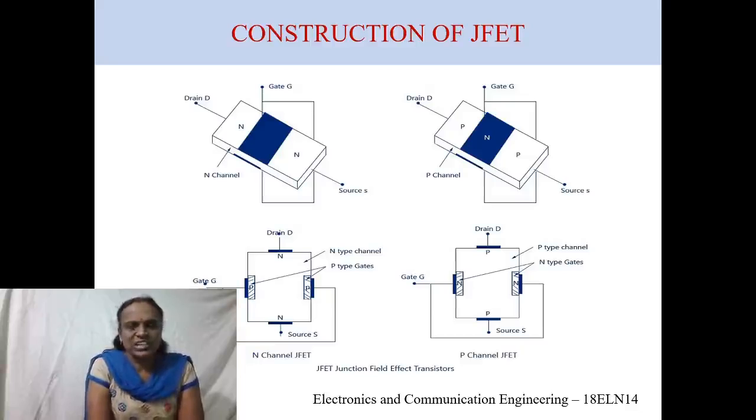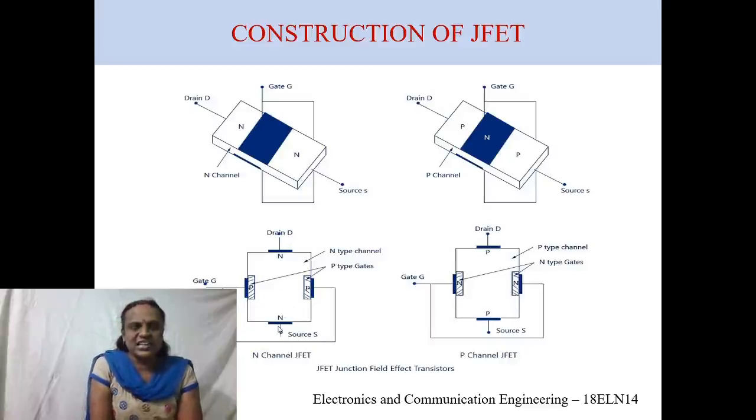Now, if the gate terminal is not connected, then the potential, that is, any voltage applied, here the current is called the drain current. Understood? If there is no voltage applied at the gate, then only there exists a drain current.